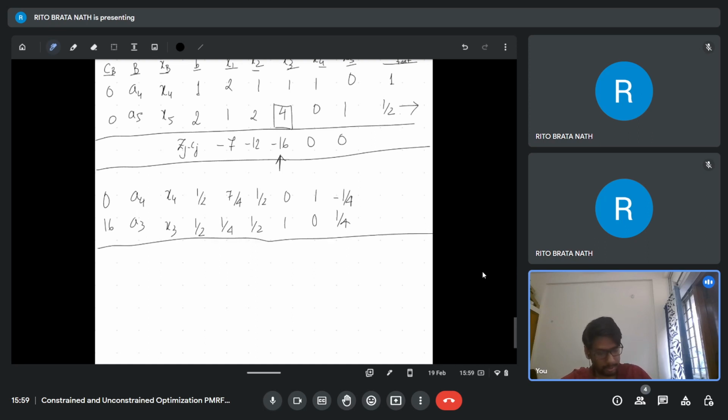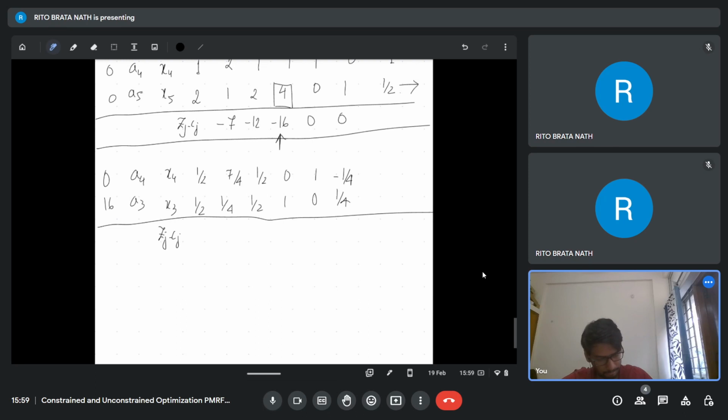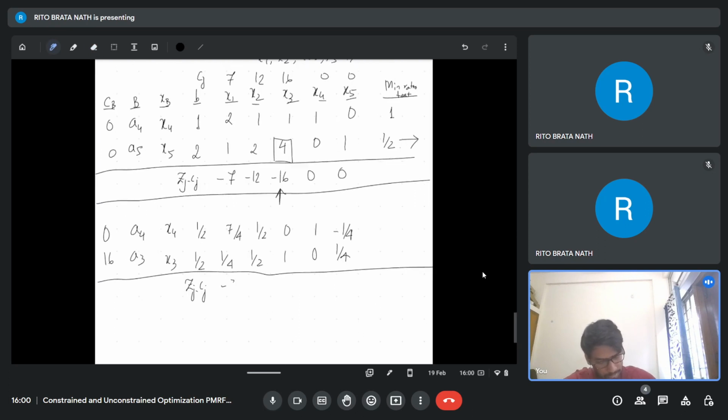So let's do it again. As you know, it's all the same technique and you can even solve it in Excel, so that's not a problem. Minus 3, so that's 8 minus 12, so that's minus 4. Then you have 16 minus 16, so that's 0, this is 0, this is 4.